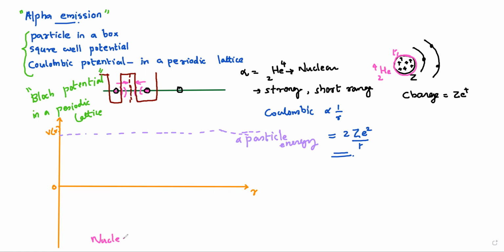So let's consider nuclear attraction in the y-axis, and the amount of Coulombic repulsion in the positive y-axis. So it has a particular value. Coulombic repulsion is repulsion, this is attraction.